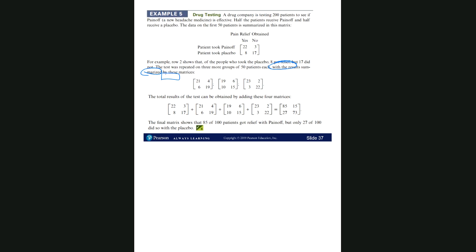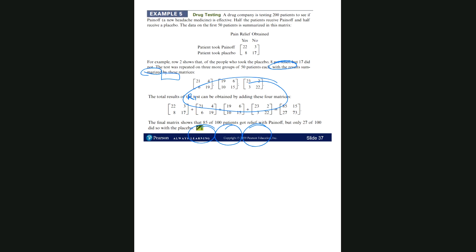So I know the total says 200, so the first trial includes 50 patients, and then the next three trials include 50, 50, 50, so that's how we get 200. Let's go over the rows first. The first row, R1, represents the patients who took the medication.